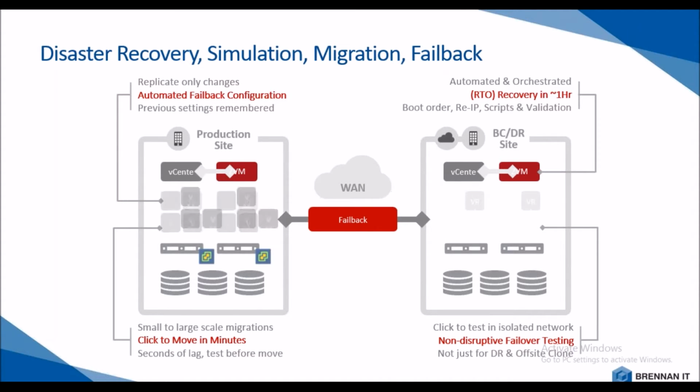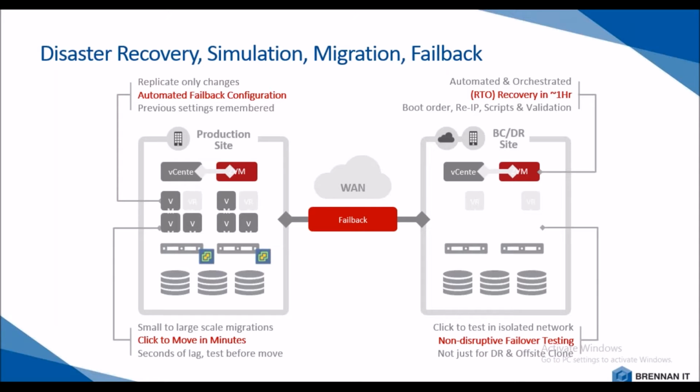And lastly, coming back to the disaster recovery scenario, when you want to fail back to the production site, so everything is restored back at the production site, you no longer want to run off the disaster recovery site, that failback happens very efficiently because only the changes from when the last successful replication happened are failed back.